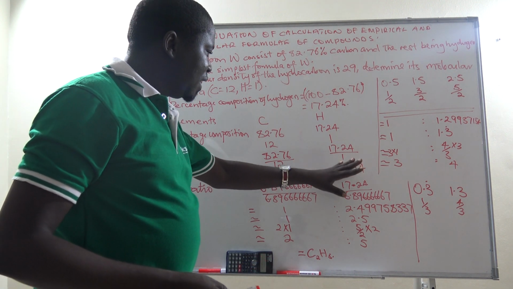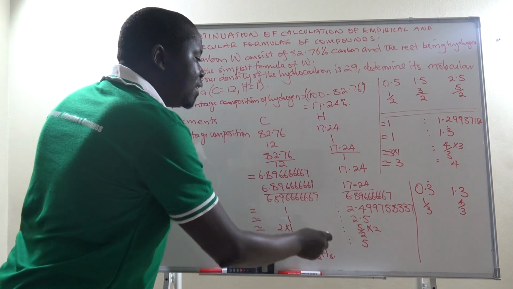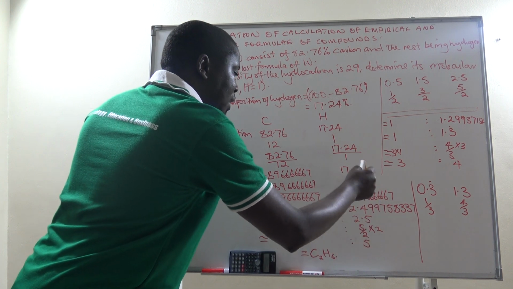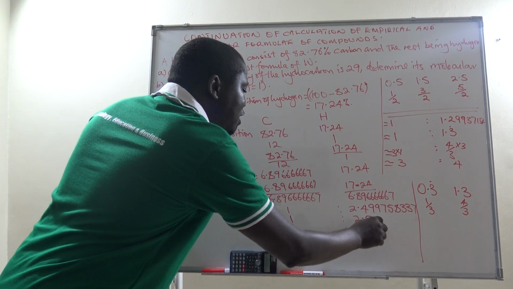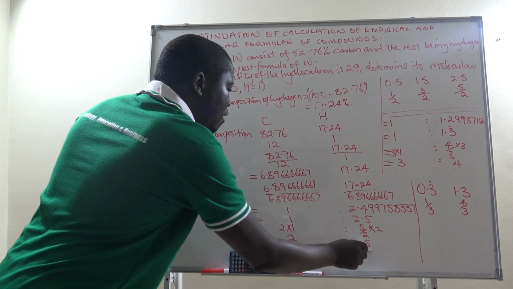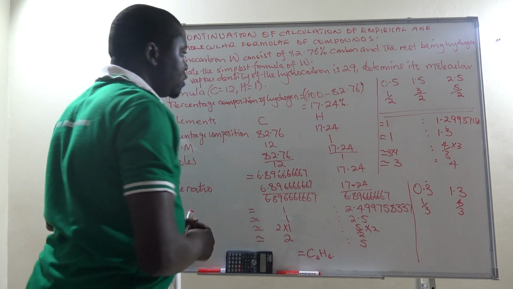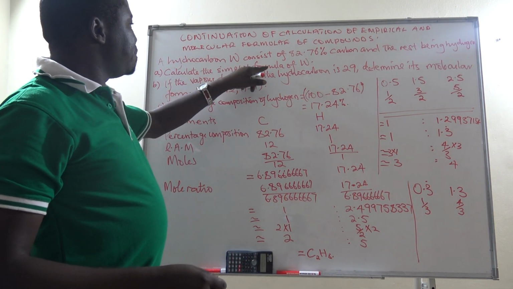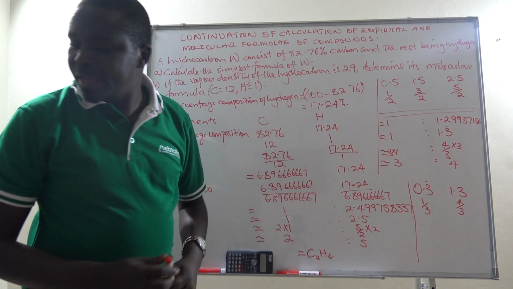Don't round it off, leave it the way it is. Use it until you reach the mole ratio, then you can round off to 1 decimal place, and then you get a fraction which corresponds to that very value, multiply both sides by the denominator and in this case you get the correct mole ratio. So that is how we can get it. And that was part A. We have got the simplest formula of the compound, and then the simplest formula is C2H5.